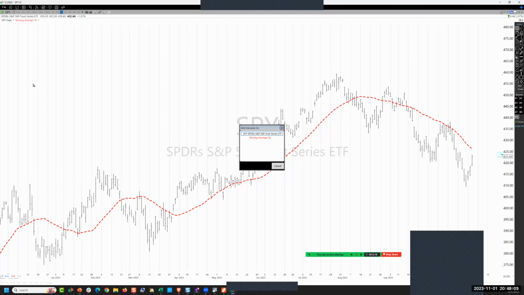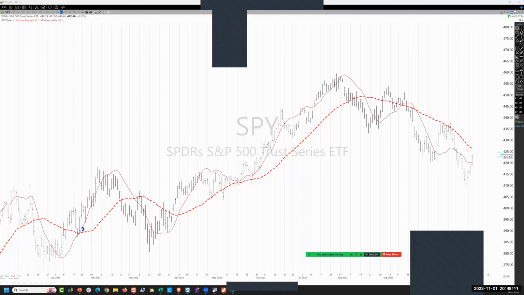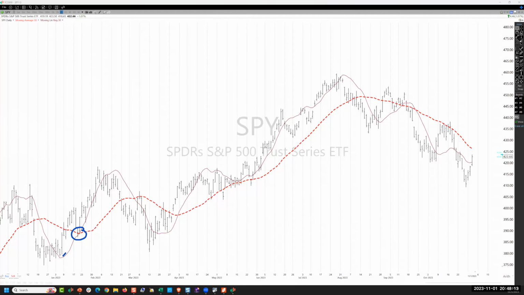Average 30. And then every time the RL30 crosses north of the Bollinger Band mean until it peaks, and that's the owl reversal. And then when it reverses, you're stalking. And when it crosses, you should be long.